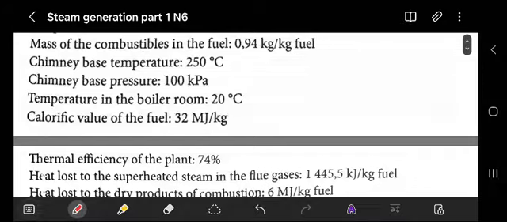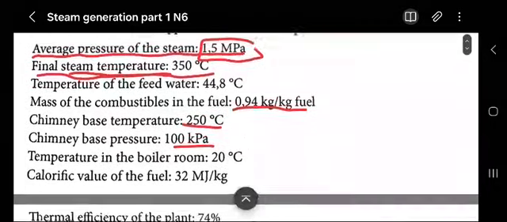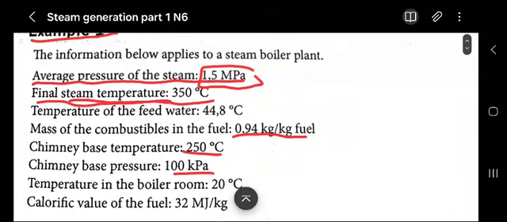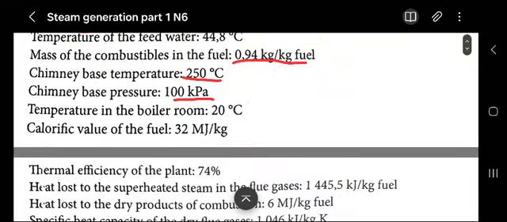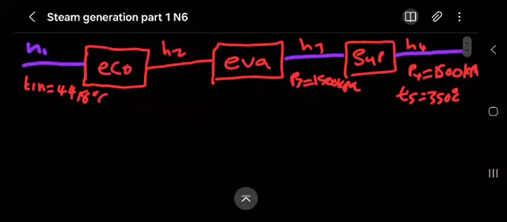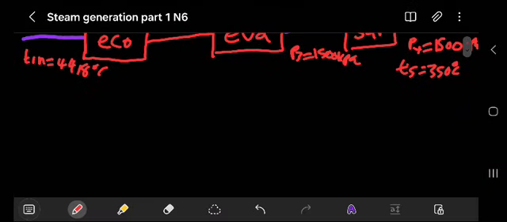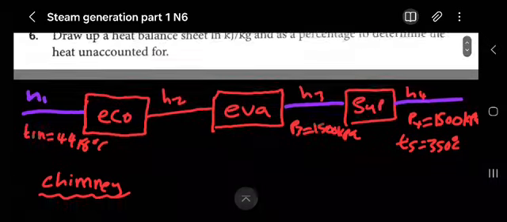We've been given the mass of combustible and the chimney temperature. Okay, all of this now, as you can see. All right, this is what we have, guys. I can write chimney here. What do we have for chimney?